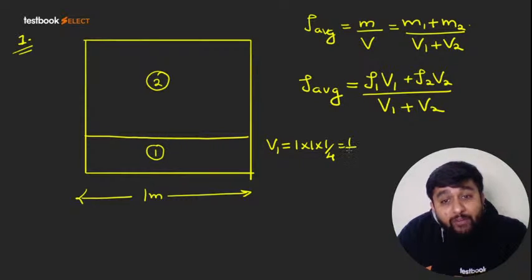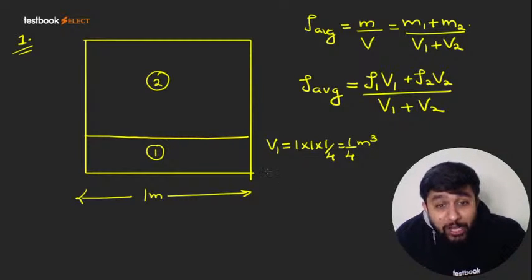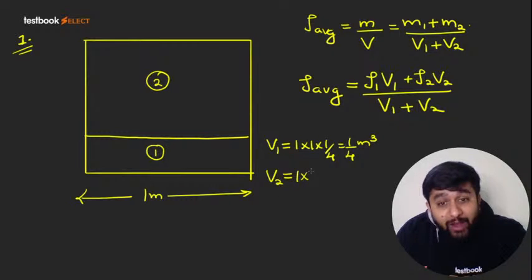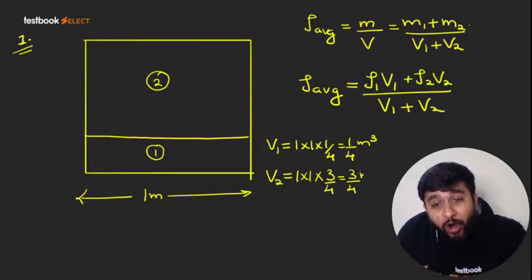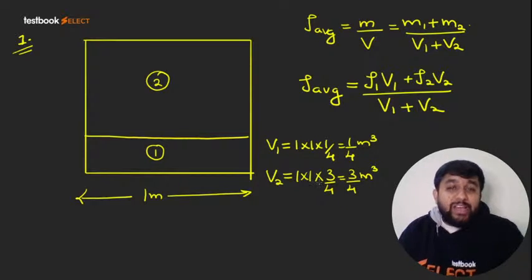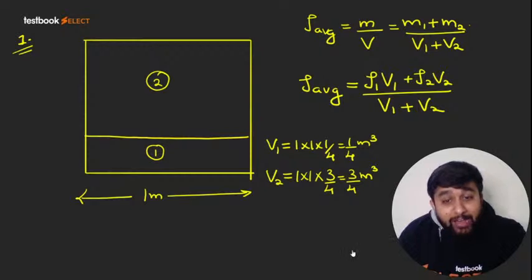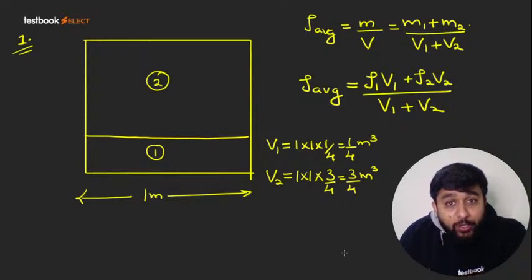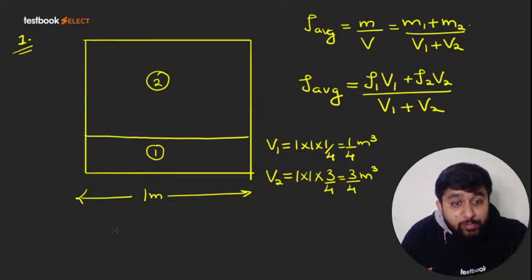So that will become 1 by 4 meter cube, right? And similarly, when we talk of the volume of portion 2, it will be 1 into 1 into 3 by 4. That will be 3 by 4 meter cube. So these are the volumes. Density values we already know. So rho 1 is 1500 kg per meter cube, and rho 2 is 500 kg per meter cube.